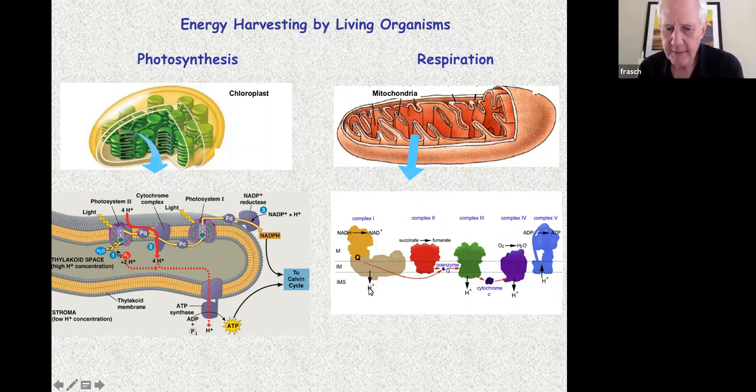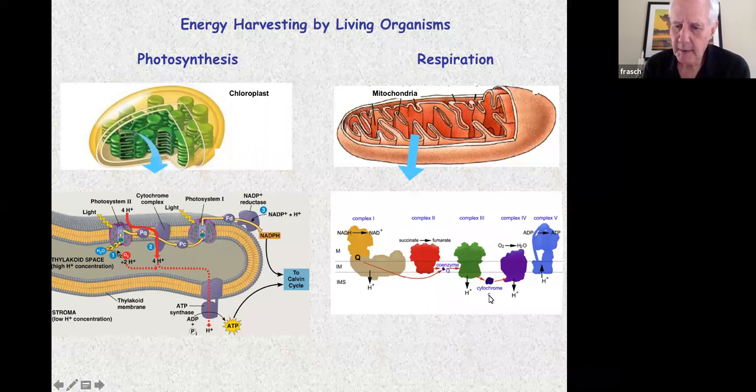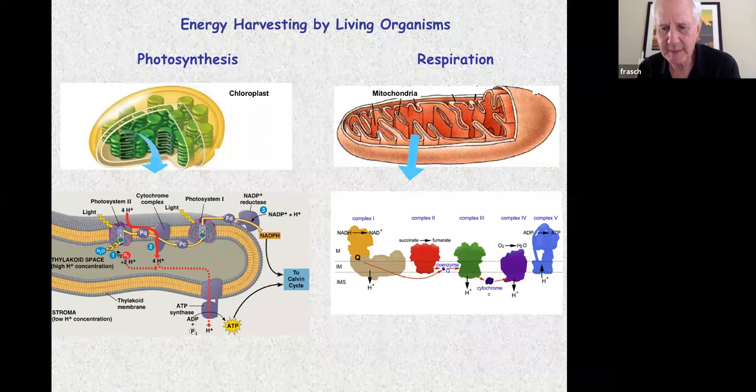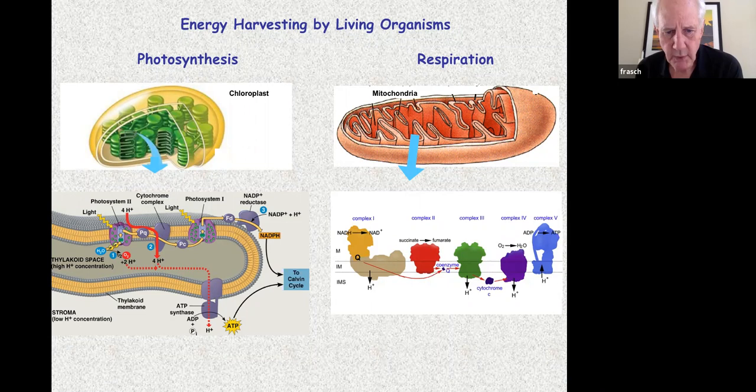And again, this non-equilibrium proton concentration across the membrane is used as an energy source to power the synthesis of ATP by the F1-FO-ATP synthase. So I'm going to talk now about how the F1-FO-ATP synthase works, what we have learned, mainly through the development of novel single molecule technologies.